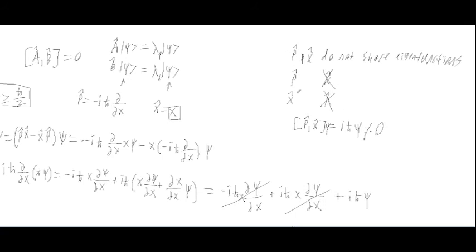By the way, I should clarify, these momenta that I'm talking about are all in the x direction. And so it's not necessarily the case that if we have the momentum in the y direction and commute that with the position in the x direction, so I won't get into that, but just assume that I was talking about momentum in the x direction here.